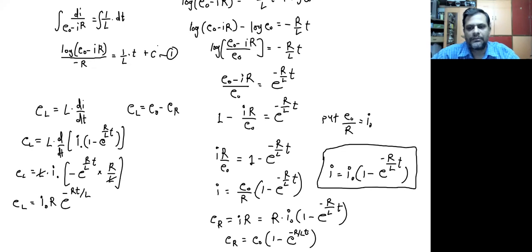Okay, but as actually we know that this I naught into r is once again E naught, so therefore we can just say that this EL here is going to be E naught into e raised to minus RT by L. Just don't get confused between this E and this E here.